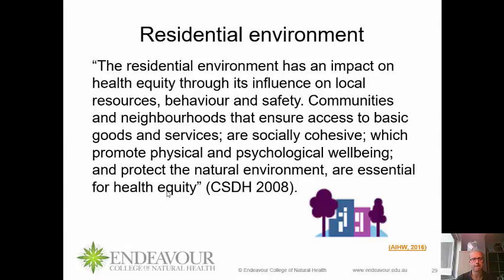So if you live in a residential environment that has parks, that has cycling tracks, that has somewhere you can go for a walk in the evening, somewhere where you can go walking with your dog, for example, these are all things that are likely to be protective and promote better health outcomes.